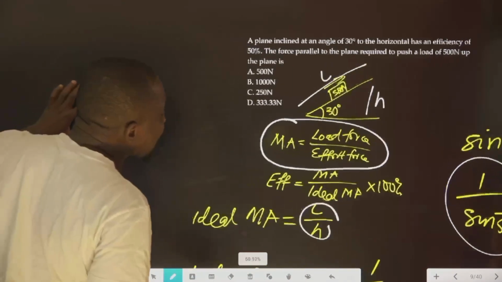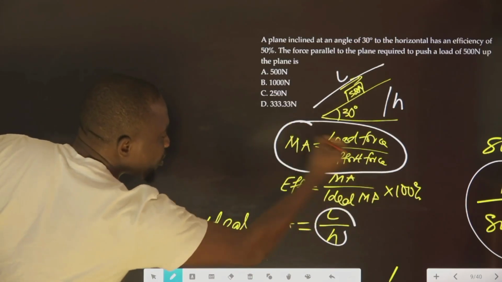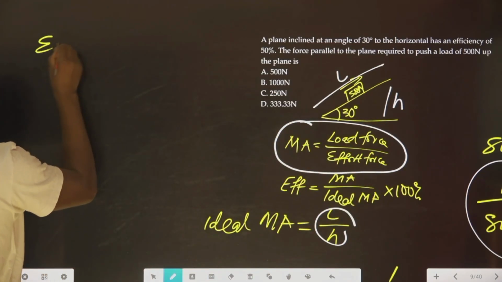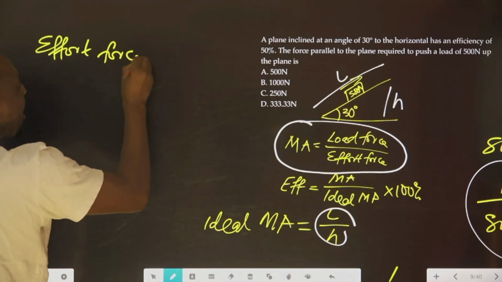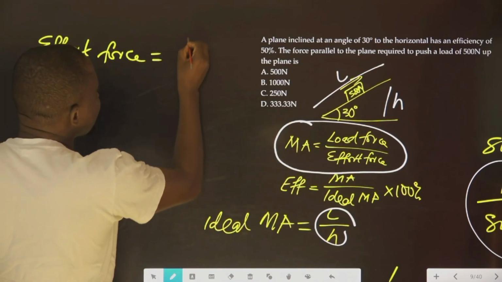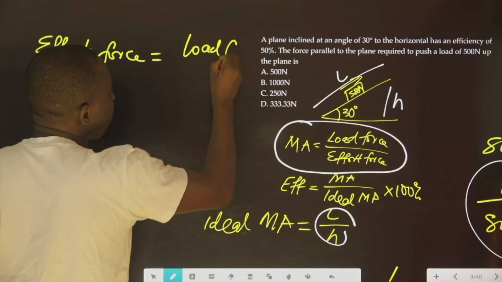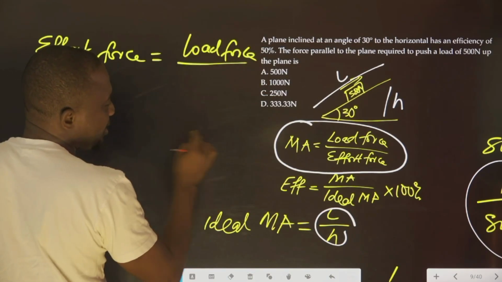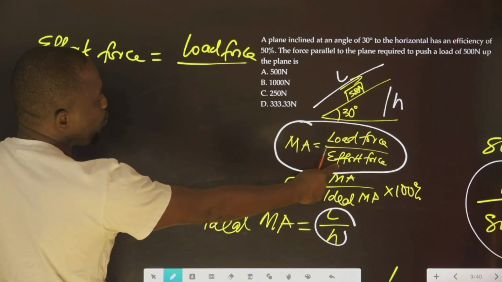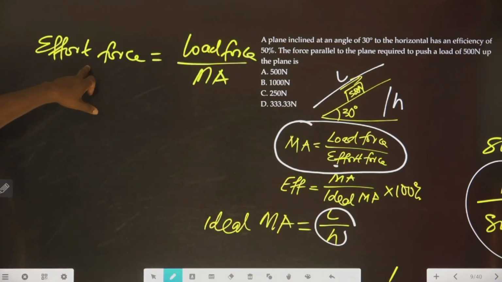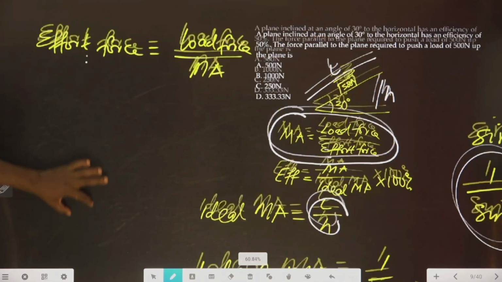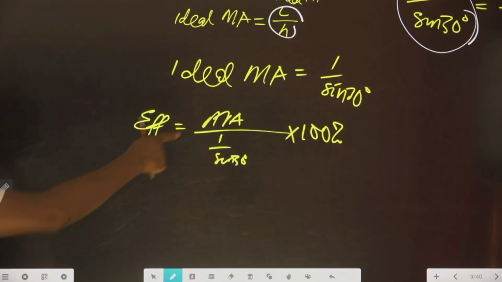So we are coming back here to say effort, we cross multiply. You agree with me? At the end of the day, you're going to have effort force equal to, they will swap, load force over MA. This is what we are looking for. Load force over MA. What is MA? Let's find MA here.